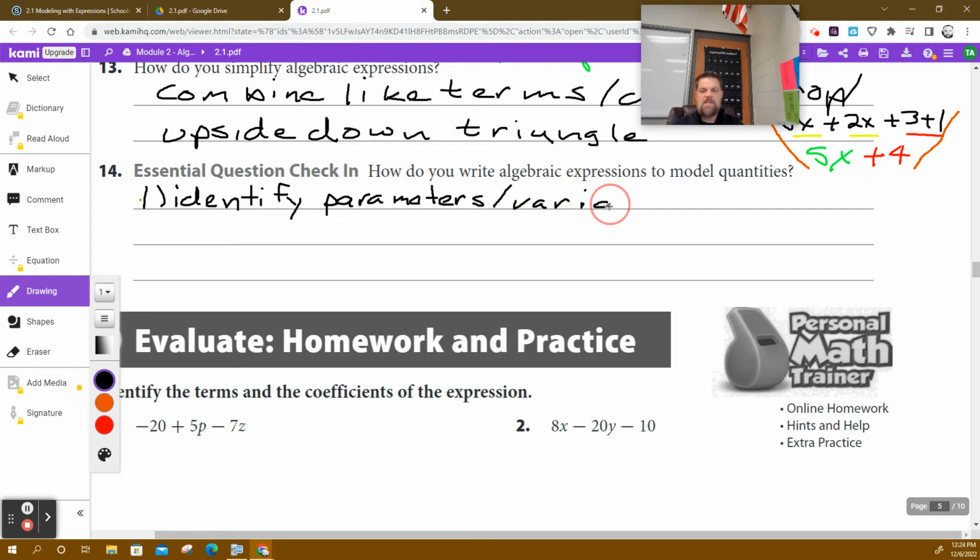That means you're going to measure stuff. I've got to spell variable right. What is measured or counted?